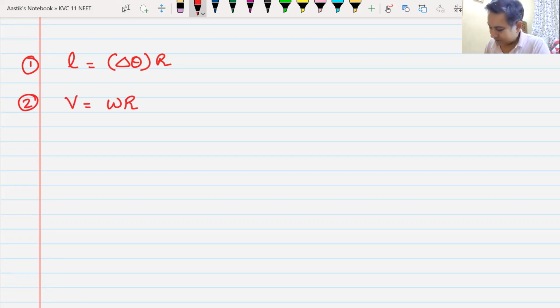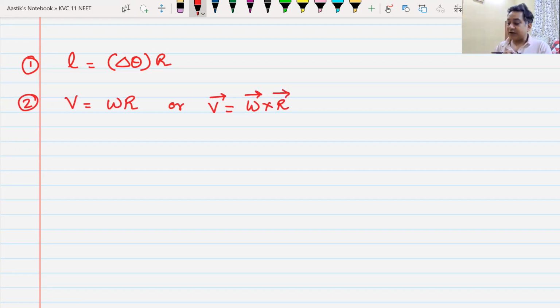The vector relation may not come to you, but you can also remember it, which is not very important for you because they might not give you a question on vector relation. But if you want, you can write it as omega cross r. What is the third relation? Tangential acceleration is alpha into r.